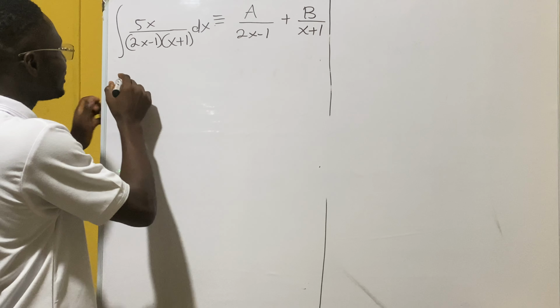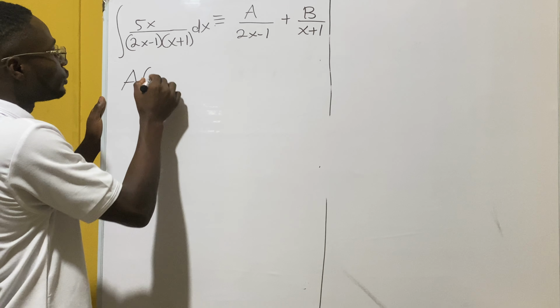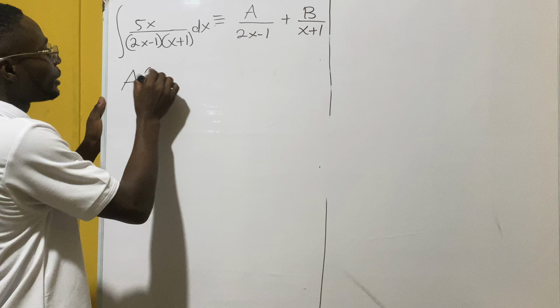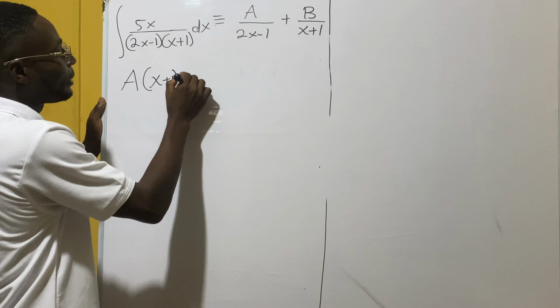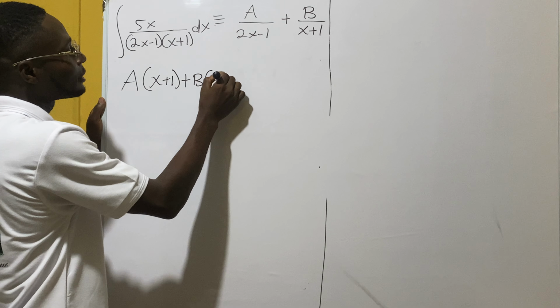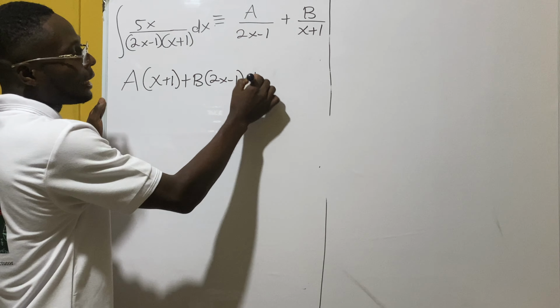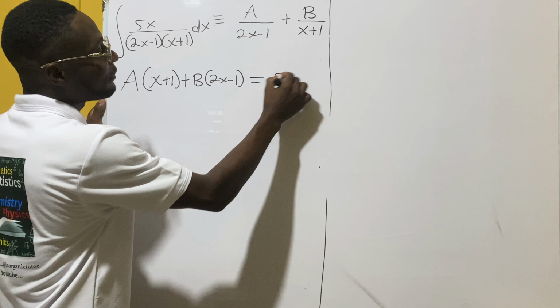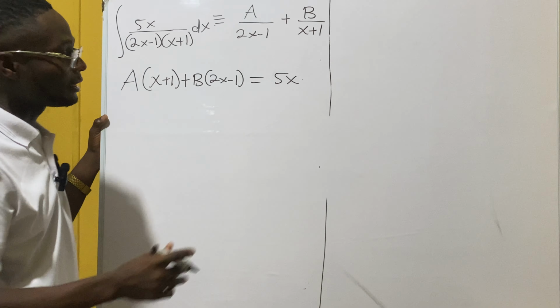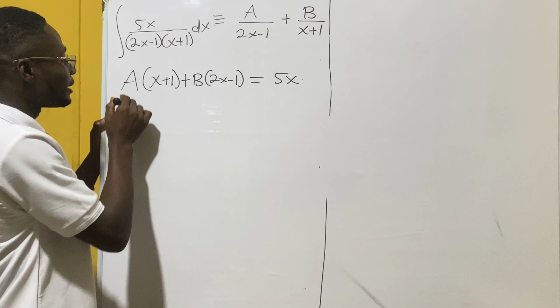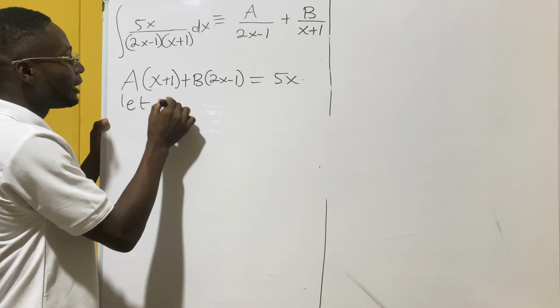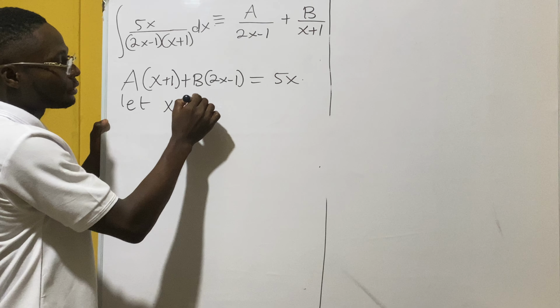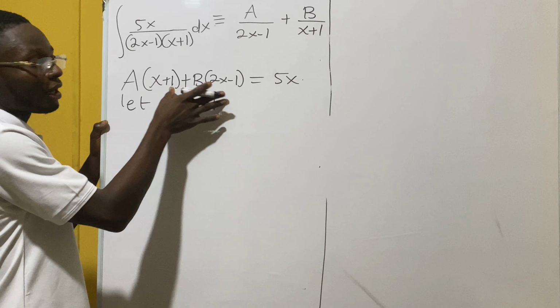So we can have A into x plus 1 plus B into 2x minus 1, and that should be equal to 5x. Once we have this, we can let x equal -1 to find one of the variables.